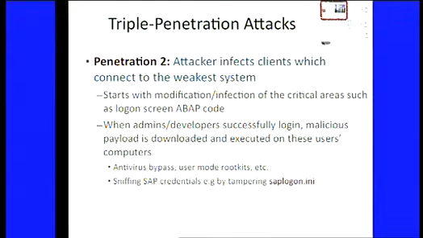The users of those systems get infected. And we know the topic with antivirus bypass, user mode rootkits, and everything else. Also sniffing the connection to other systems is possible. So at that place, the client security, so endpoint security, is very, very critical.